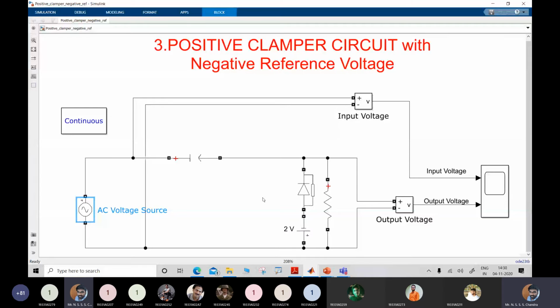So what is the maximum value to which the capacitor will be charged? What will be the capacitor voltage value? Please respond.